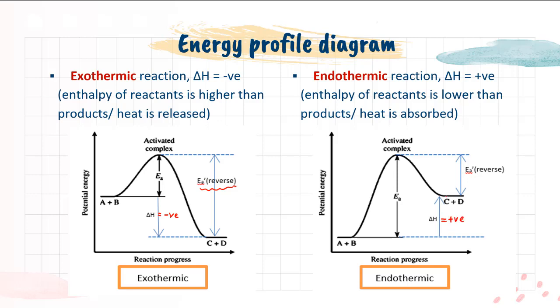To figure out your reverse activation energy, going backward, it is the difference between our product and the activated complex. You don't have to redraw the energy profile diagram. Straight away label it here between product and activated complex. So these are the two types of energy profile diagram: exothermic and endothermic.